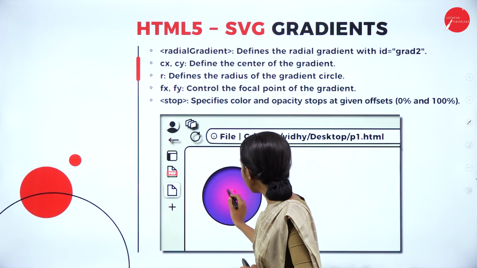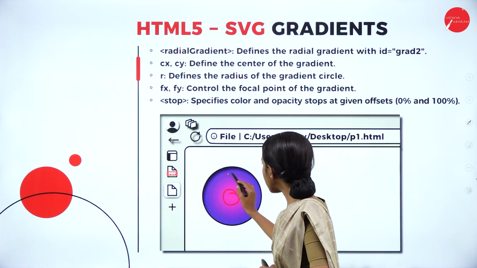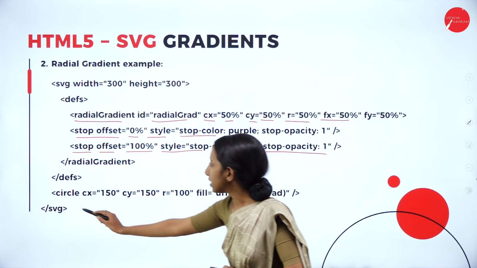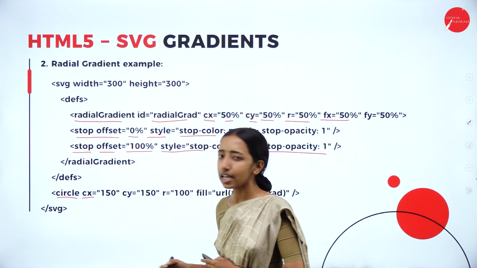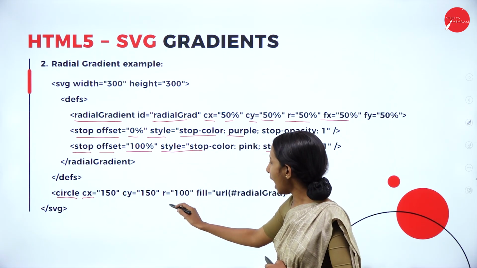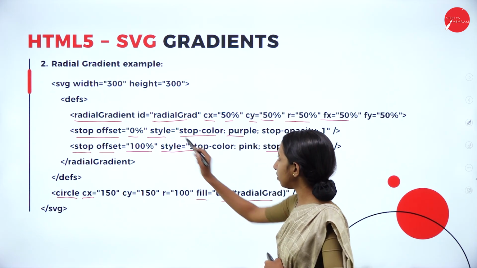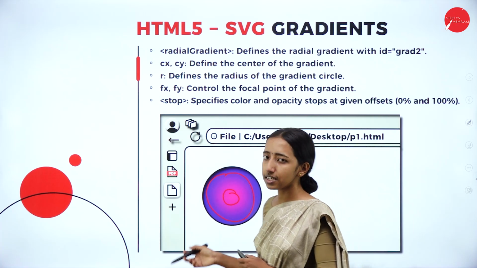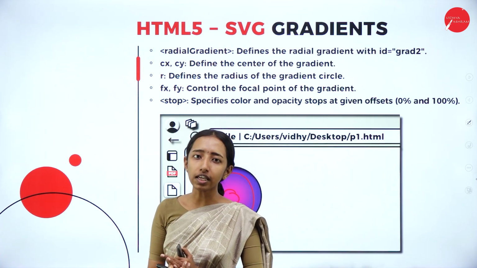Here inside we have the pink and outside we have the color purple. So here the circle I have taken with an x-axis and y-axis, and r, the radius, is 100. The fill URL is the one we have taken with the ID radgrad. So here you can see the example of how we get the output.